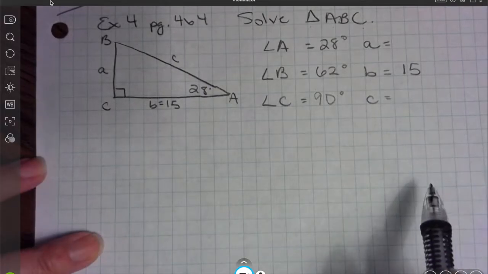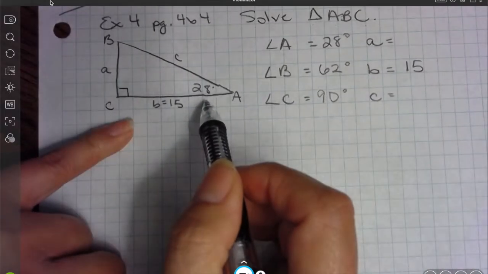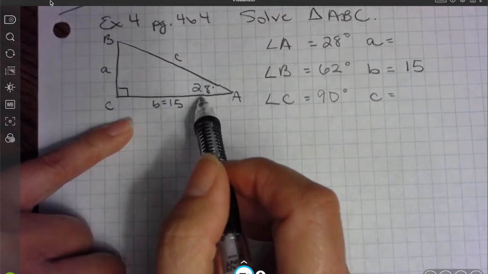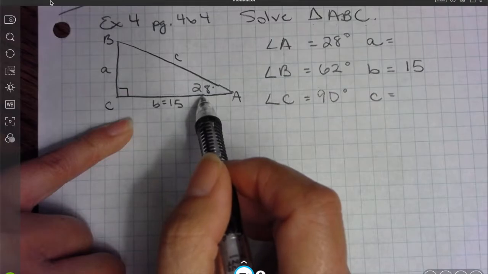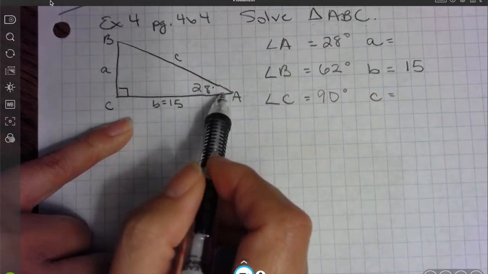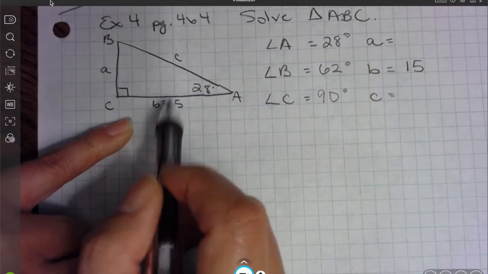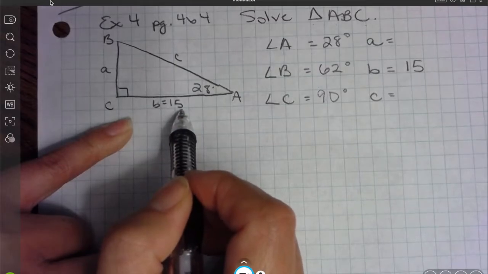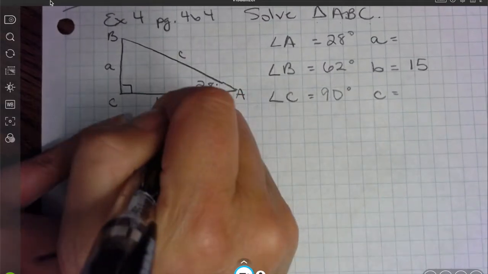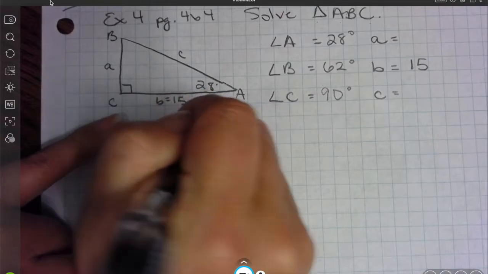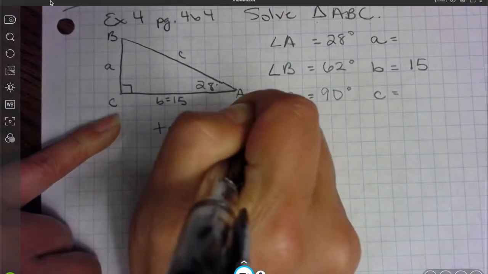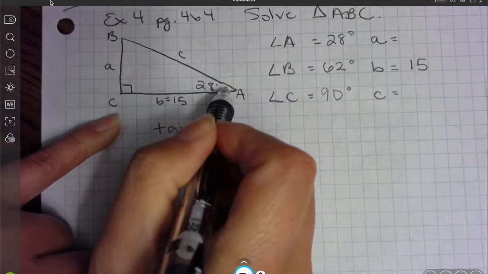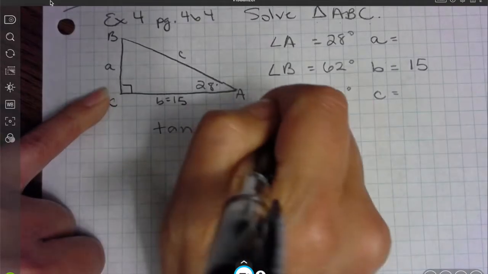So what's given here? What I know for sure is I know this angle right here, and what I am looking for, I have a and c. So you can start with either one, it's fine. Let's just write down what tangent is. So we'll do tangent of 28 degrees, right, is going to be opposite over adjacent.